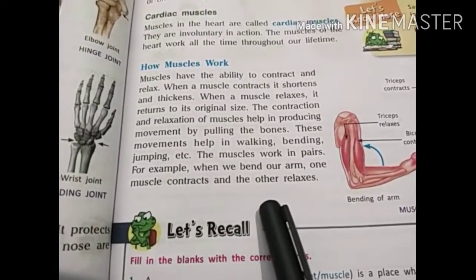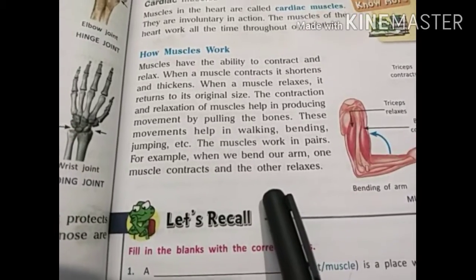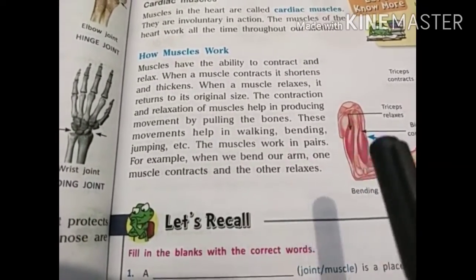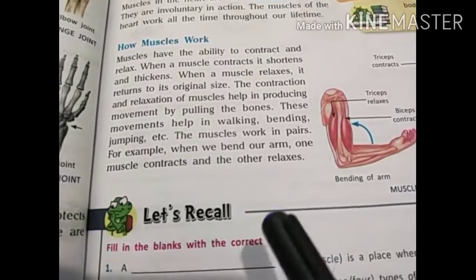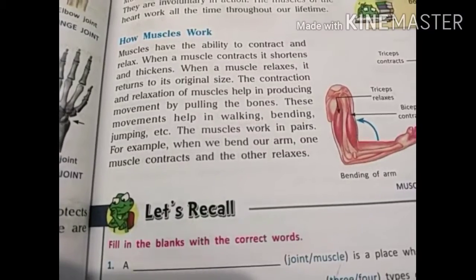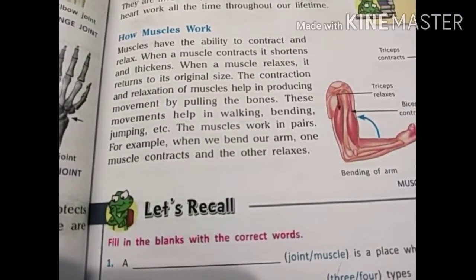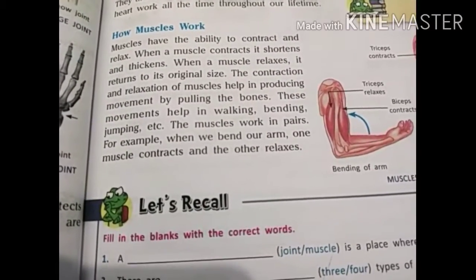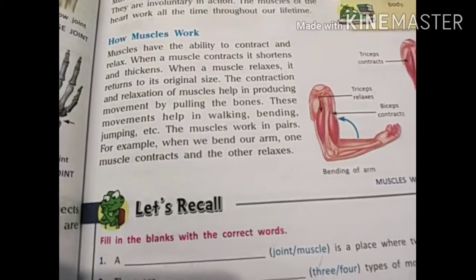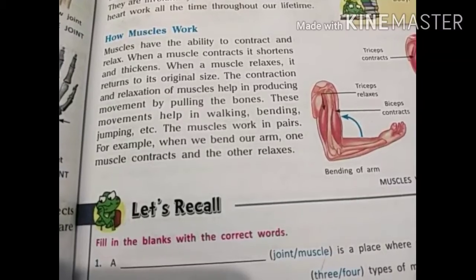Children, in chapter 8 skeletal system, we have completed most topics of this chapter, like the definition of the skeletal system, the parts of the skeletal system, the skull, backbone, rib cage, limbs, and the different kinds of joints: ball and socket, hinge joint, pivot joint, and gliding joint.